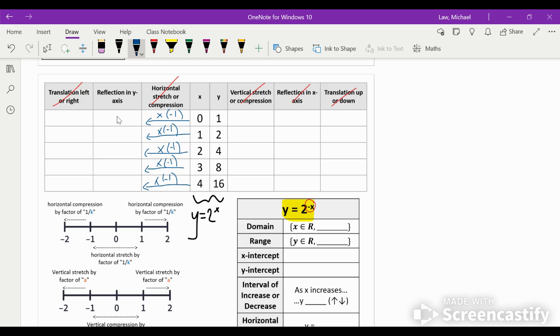So 0 stays the same, 1 becomes -1, 2 becomes -2, 3 becomes -3, 4 becomes -4.